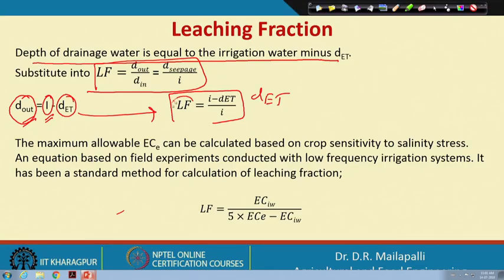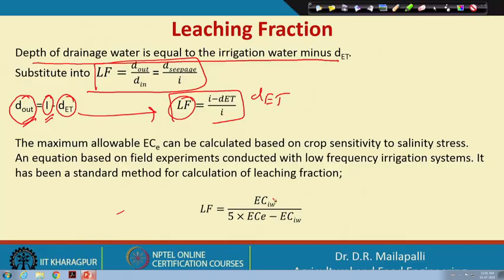Knowing the water depths, you can get the leaching fraction, but similarly there is an empirical equation using the salt concentration or electrical conductivity of both irrigation water and soil.